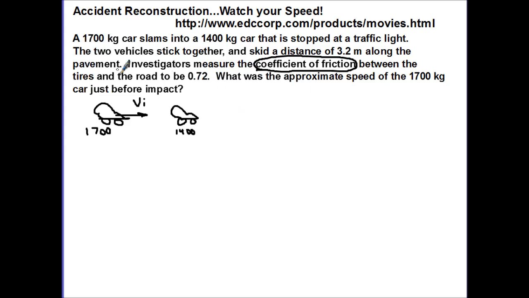They end up hitting. And during that hit, when the two cars sort of stick together, what we know is that the momentum is conserved. So Pi is equal to Pf, but the kinetic energy is not conserved. So KE is lost during that collision. Now, when they slide, KE is lost, but we still do have some kinetic energy.